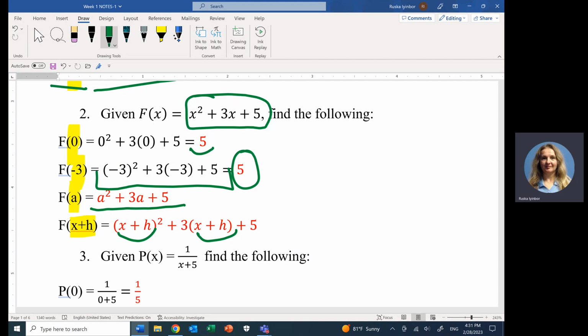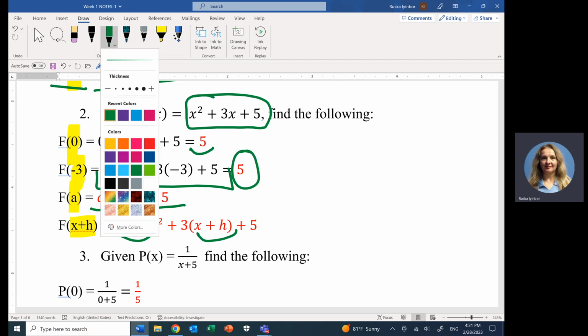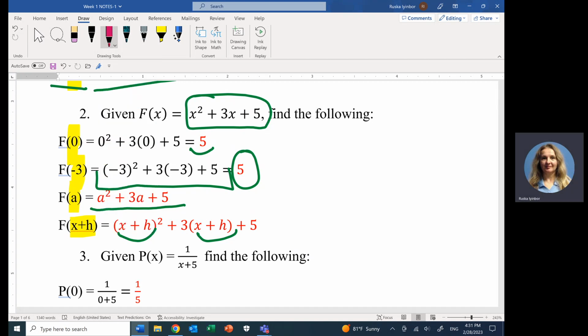You don't need to simplify anymore, just leave it like that. The answer should be only the final result you get. 5 for the first one, 5 for the second one. All this is the answer for the third one, and all this expression is the answer for the last one. Okay, that's how you do number 2.